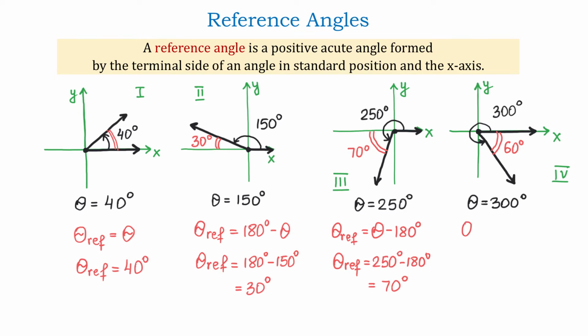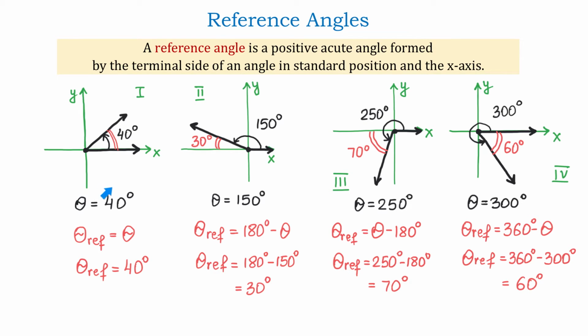So in quadrant 4, the reference angle equals 360 degrees minus angle theta. In this case, the reference angle equals 360 degrees minus 300 degrees, which makes 60 degrees.